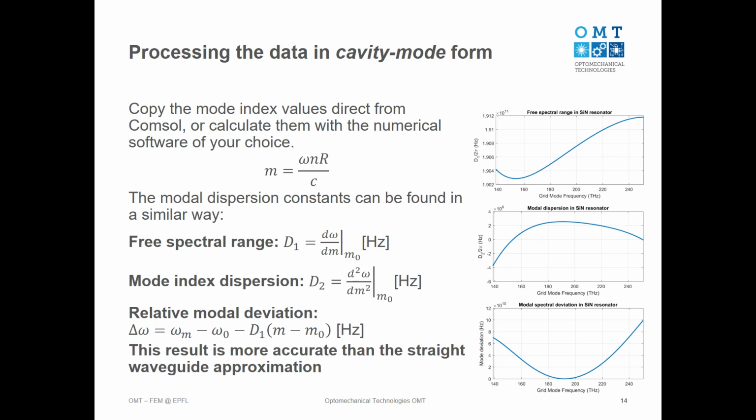If your resonator is huge, with really low curvature, then this way and the straight waveguide way will match up quite closely. If it's a really tightly confined resonator, then you must definitely do the bent waveguide way of doing things, because that will give you a much more accurate, different kind of answer.